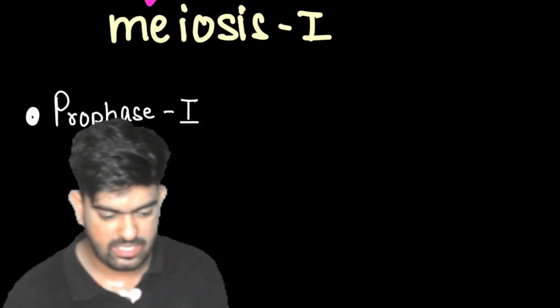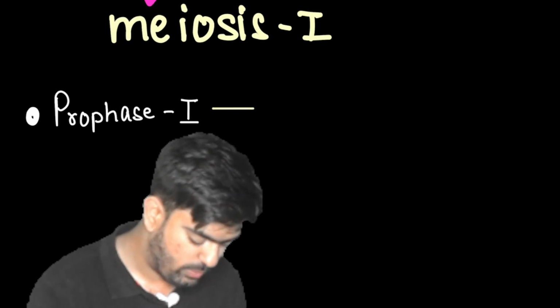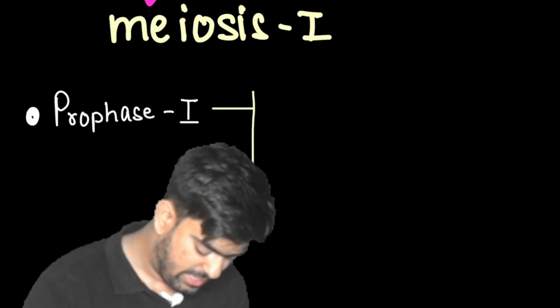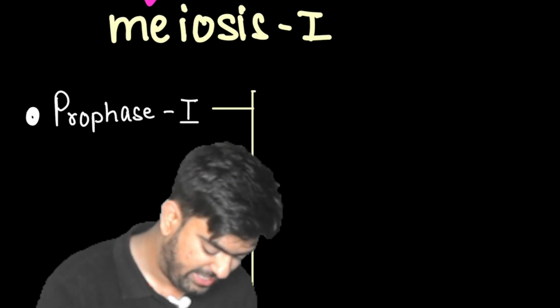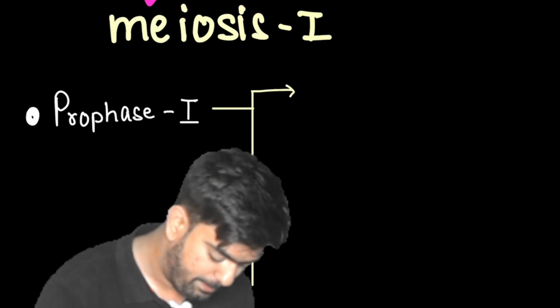So prophase 1 is divided into five stages. The very first one is leptotene.